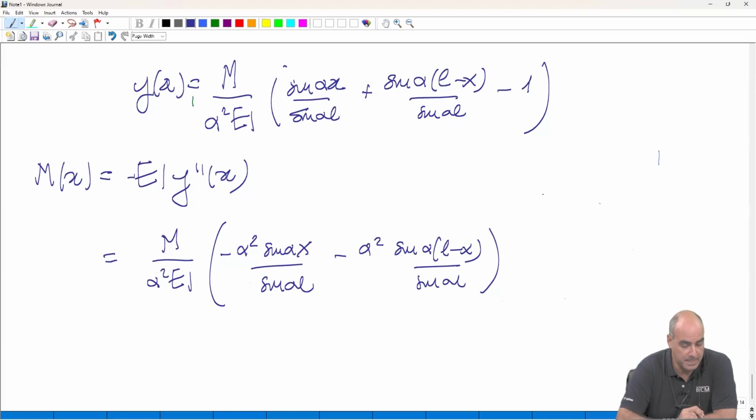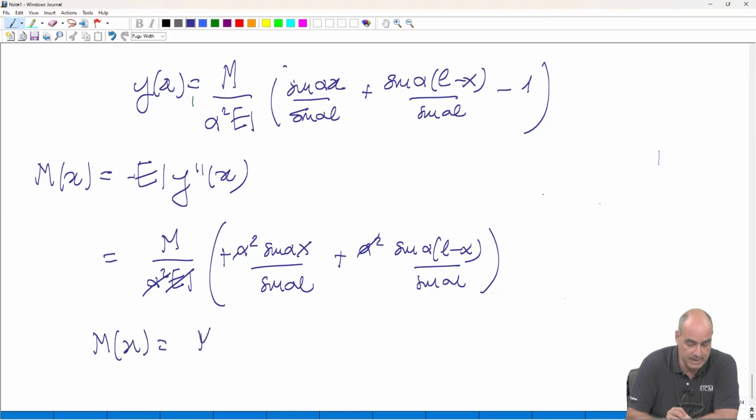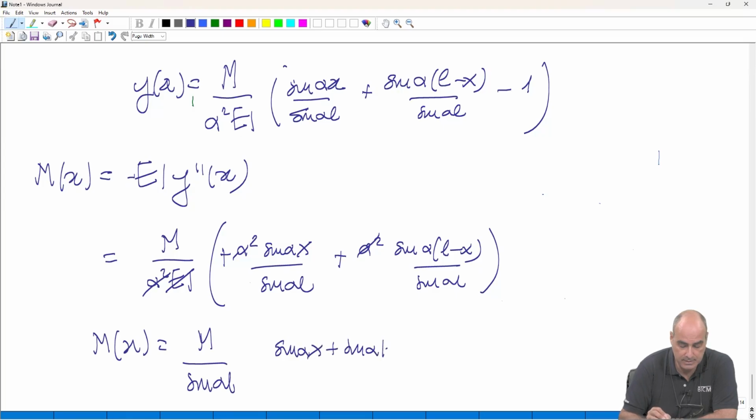Multiplying by minus EJ, the minus changes sign, the EJ disappears, and also the alpha disappears. So your M(x) is M divided by sine alpha L, times sine alpha x plus sine alpha (L minus x).